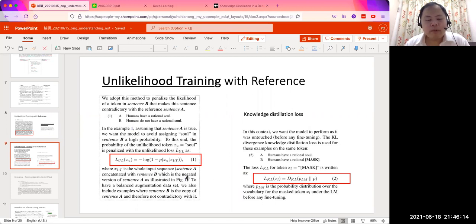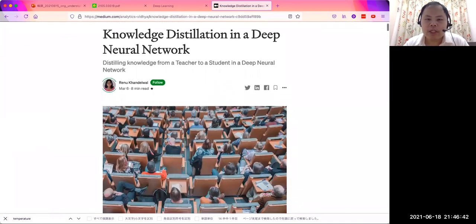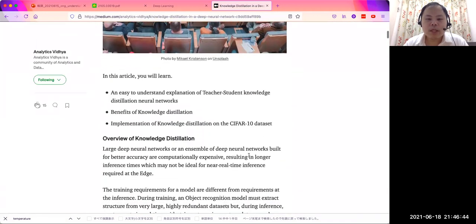On top of unlikelihood training, there's also this part where the paper authors use knowledge distillation loss to also guide the fine-tuning process. So what is knowledge distillation? Simply put, knowledge distillation is a recent way of distilling knowledge from a teacher to a student in a deep neural network.